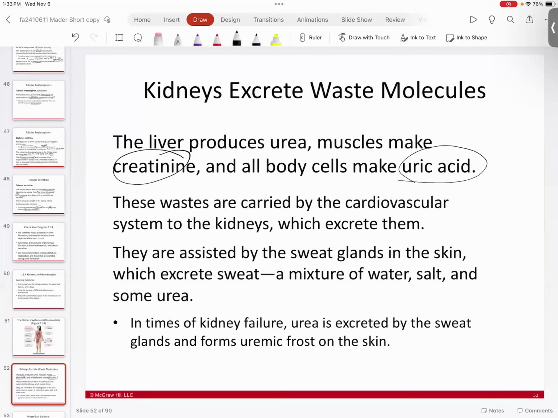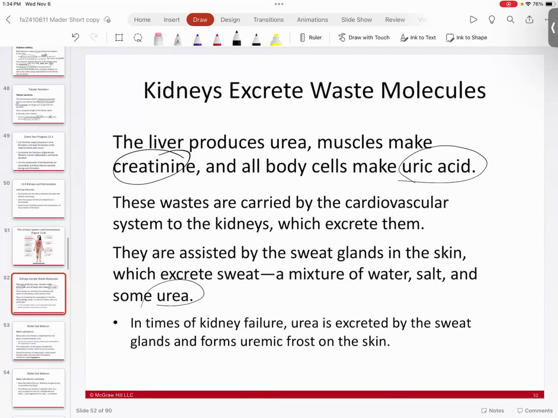Ultimately, these will be taken by the cardiovascular system to the kidneys for screening. The sweat glands will be getting rid of a mixture of salt and water and urea. And so they're all combined together to get rid of a lot of these different compounds.